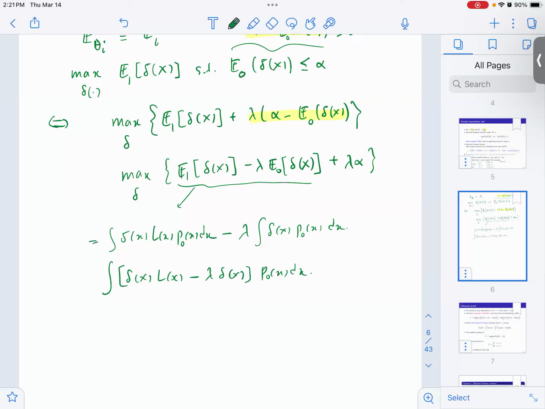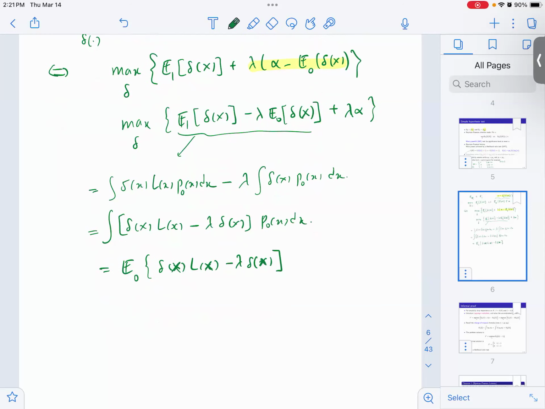Right. So if you just go back to the discussion of likelihood ratio, this is exactly the result that we had. You can exchange the measures by multiplying. So I'm evaluating this, I can transfer it to under E naught by multiplying by the likelihood ratio.